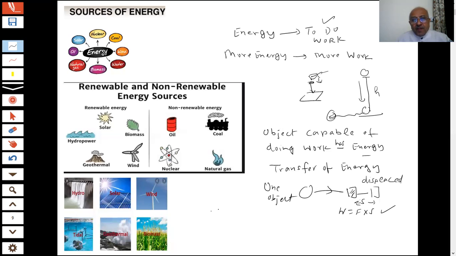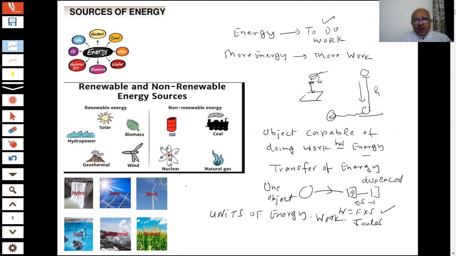Then what will be the units of energy, students? They will be the same as the work unit, joules. Energy units are also joules. So 1 joule of work done means you will need 1 joule of energy.